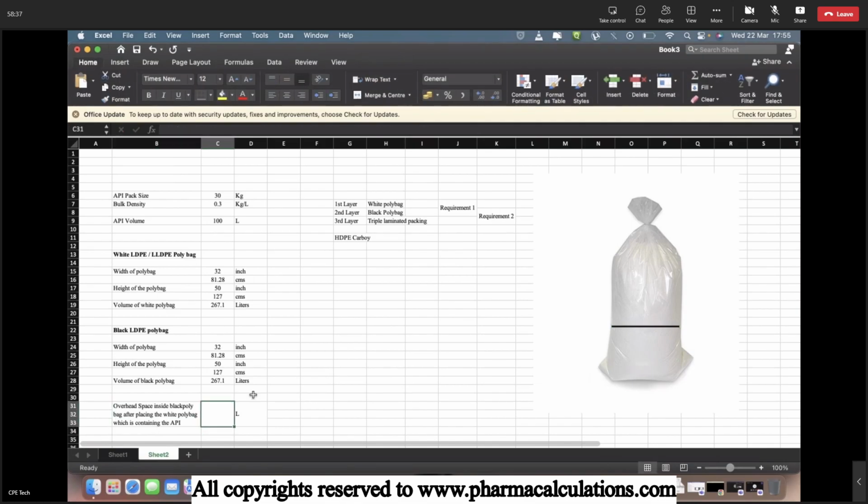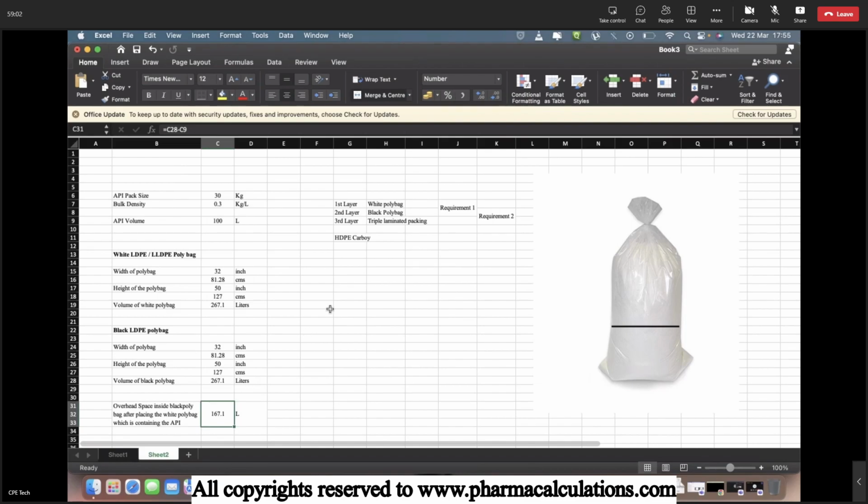This is going to be the total volume of the black polybag minus the API volume. In total it is going to be 167.1 liters. So that is available as the overhead space. And now we need to calculate the silica gel required inside this black polybag.